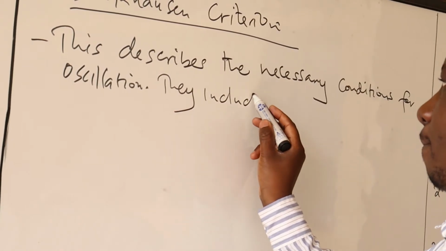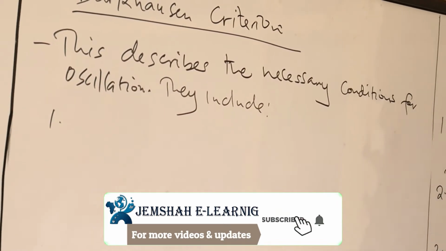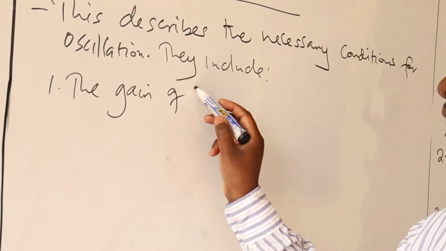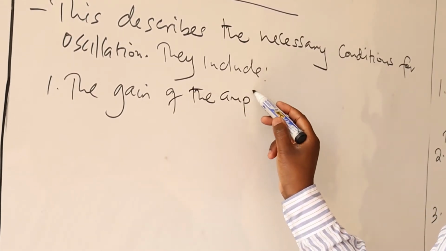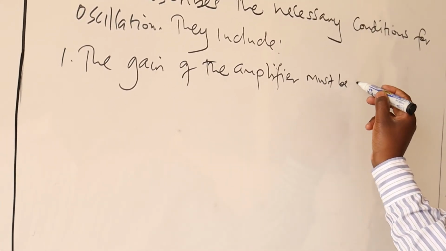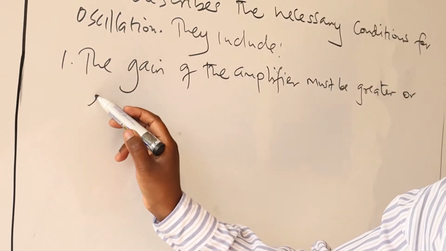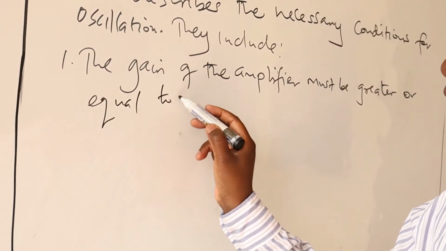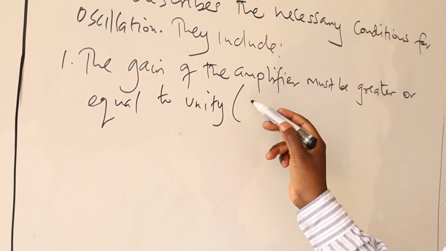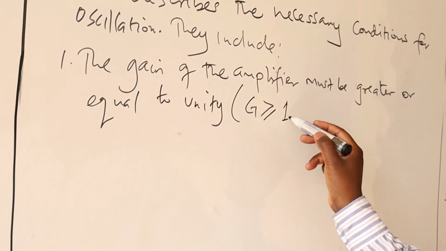They include, number one, the gain of the amplifier must be greater or equal to unity. In other words, the gain must be greater or equal to unity.